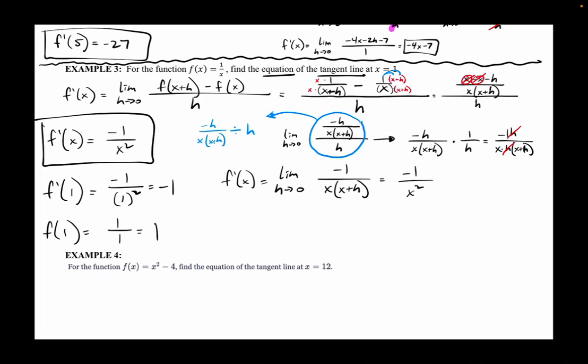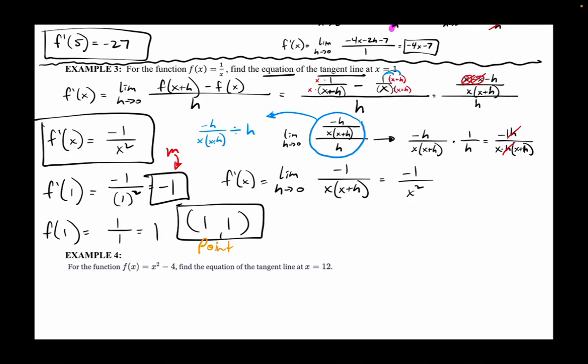So what's my point? 1, 1. There's my point. There's my slope, right? This is m. This is my point. I have a point and I have a slope.